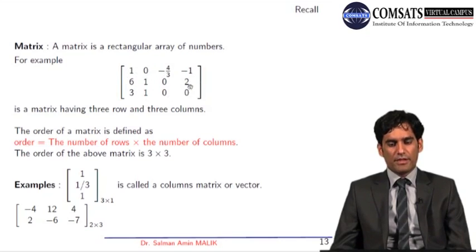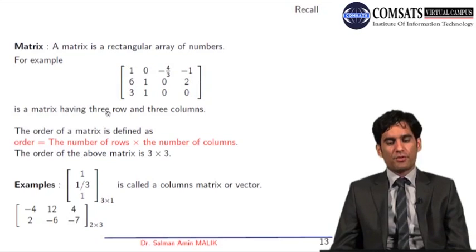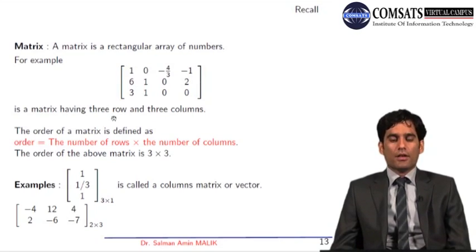This entry is at second row and fourth column. And this one has third row and second column. So this is the position of the entry in this arrangement. This is a matrix having 3 rows and 4 columns.